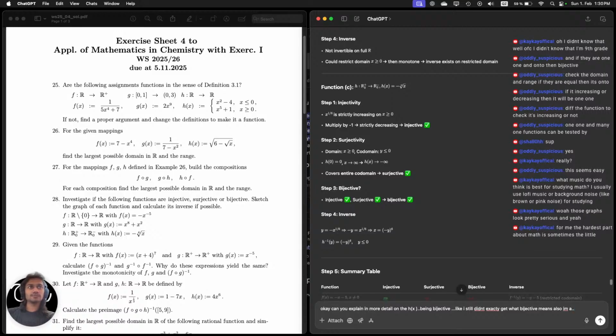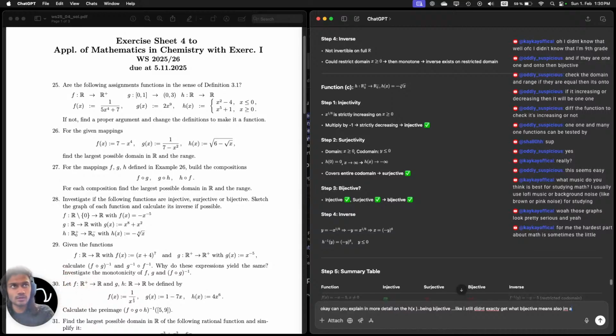Bijective means what? Like I still don't exactly get what bijective means.